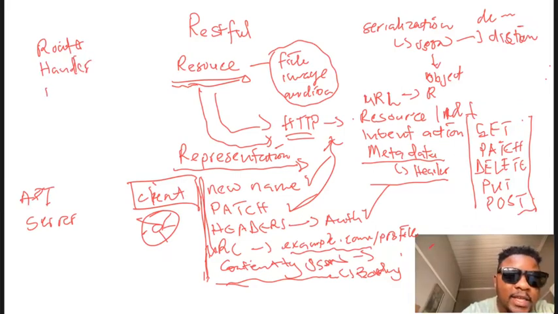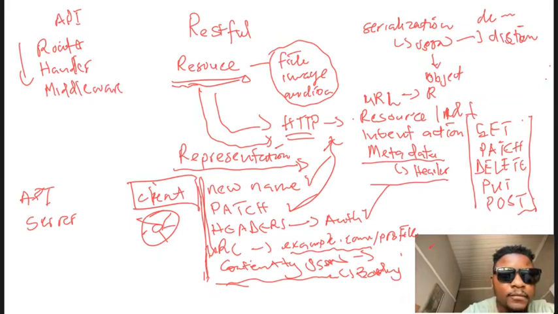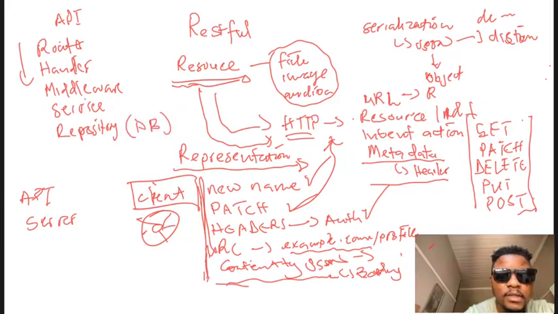We check if the naming convention is valid. This is done on the middleware layer. So these are your API layers: the middleware, then your services, and then your repository, where your database sits.